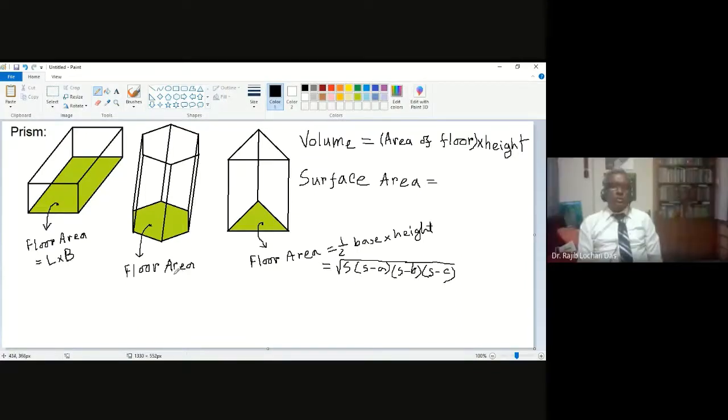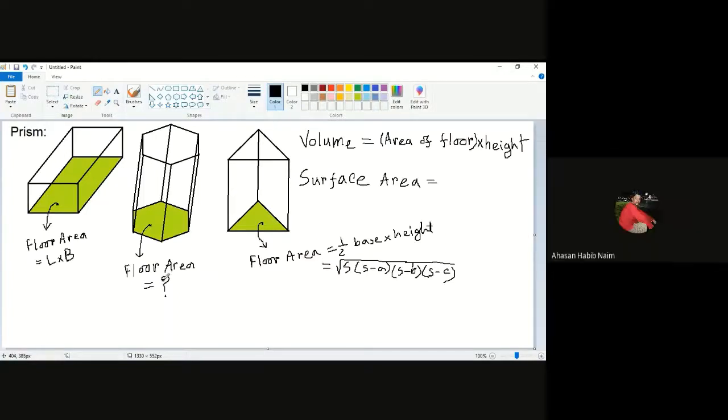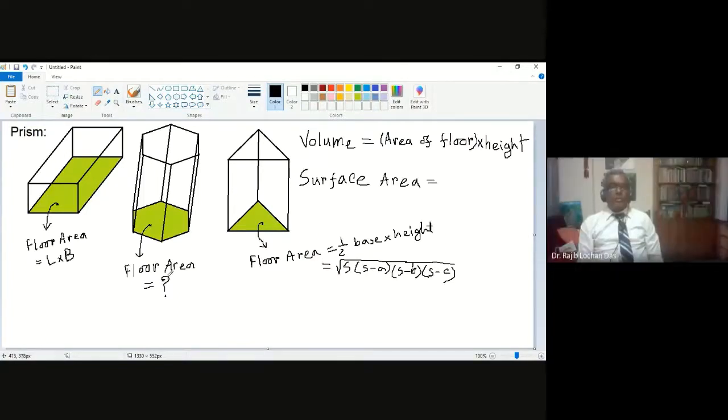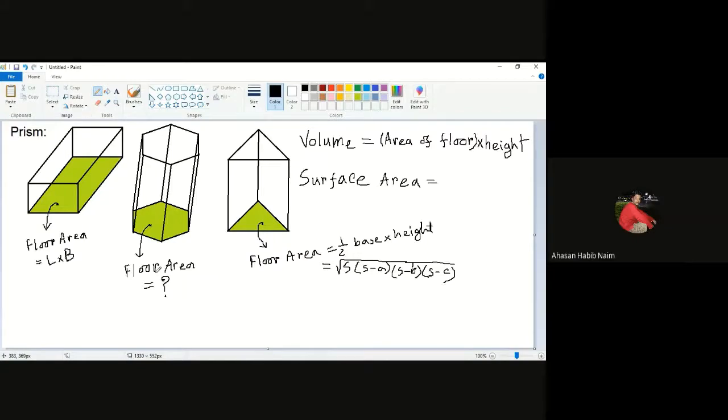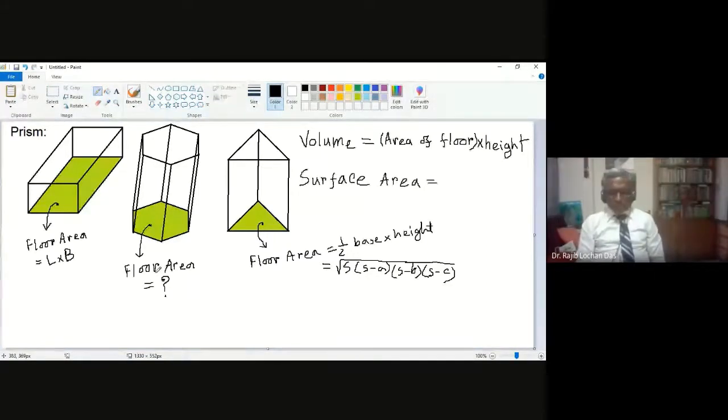Okay, maybe there is a formula, but you do not know it, then never mind. It's fine. But you have to understand how volume will come. This is the volume formula and the concept of calculation of volume.